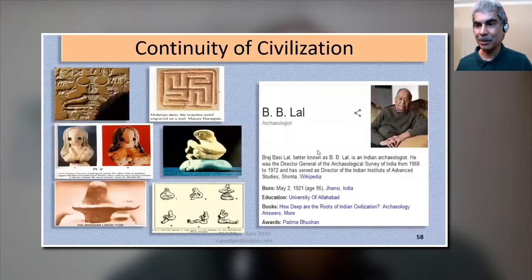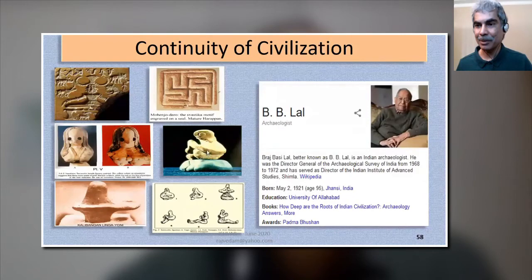If you look at B.B. Lal, archaeologist, towards the terminal part of his career, he came out with a paper talking about continuity of the civilization. He called into question the periodization. We have been taught in our textbooks that there was the Harappa period. Harappa period gave rise to the Vedic period, Buddhist period. We study all those kind of things. However, he's saying there's a cultural continuity. If you look at this so-called Mohenjo-daro seal of Pashupati, it shows a yoga position. It has got swastika. It has got a Sindur symbol in the terracotta figurines over there.